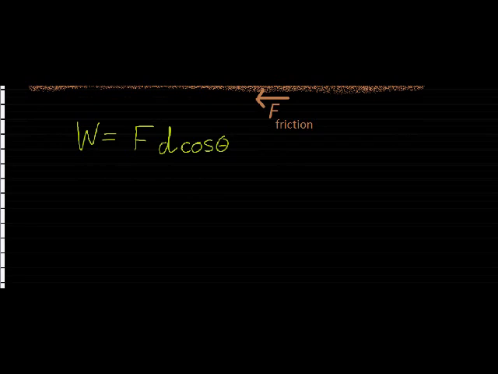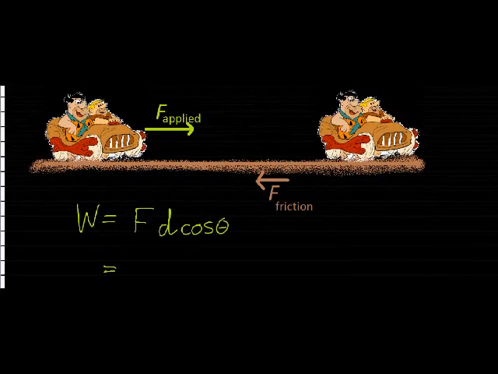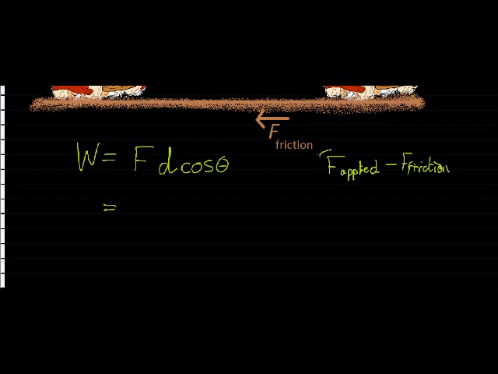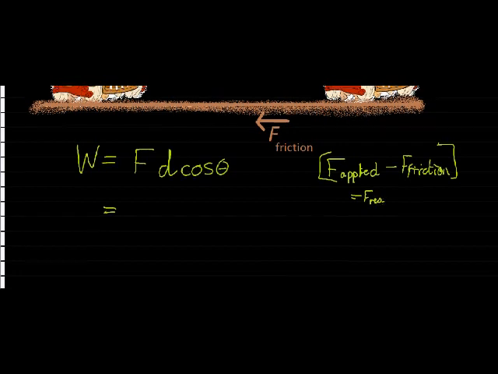Now in this case we can see that the force that they apply is being reduced. Its effect is being reduced by the force due to friction. And therefore the resultant force is what is going in the direction of their movement.